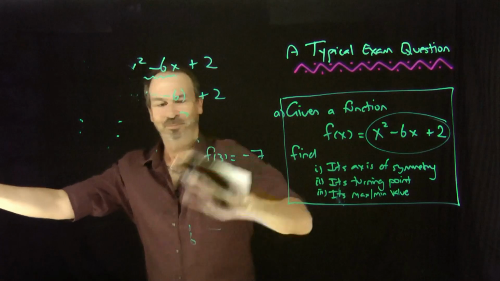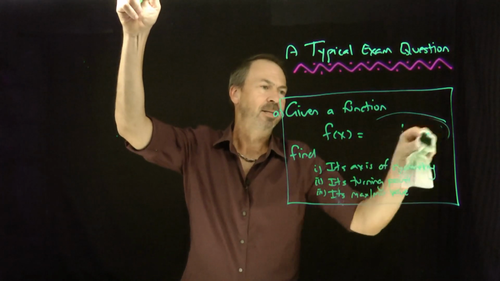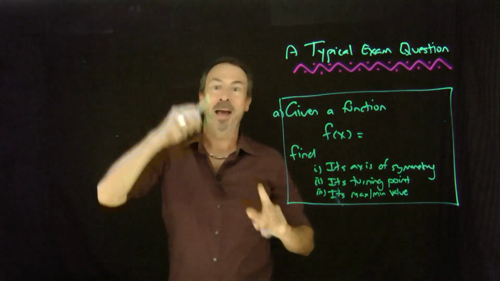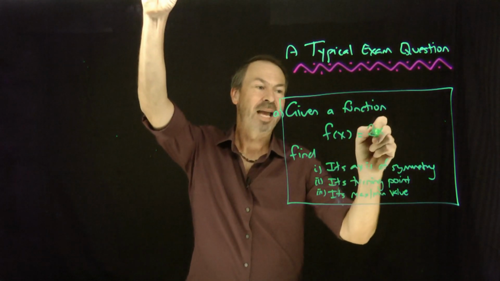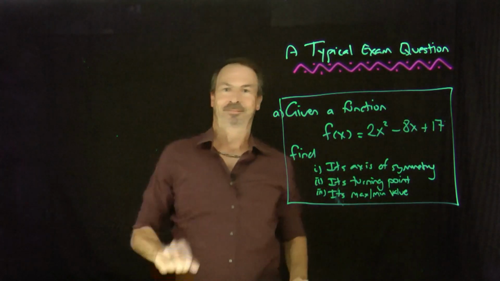For example, I'll do one more. If they made the exam question this instead, which would probably be too hard, but I bet we could do it: 2x squared minus 8x plus, I don't know, 17.